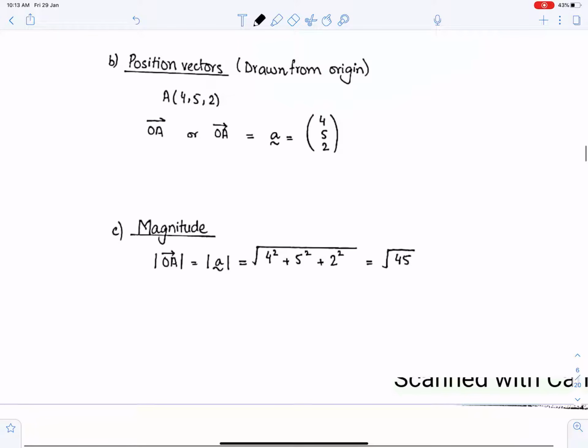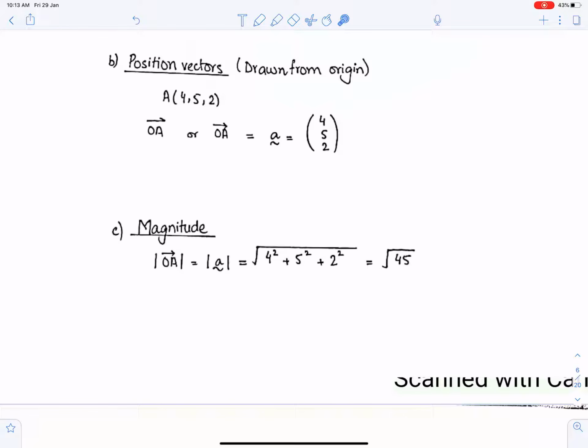Position vectors. I have already told you that these are vectors drawn from the origin. If vectors are drawn from the origin, then those vectors are known as position vectors. So if this is A, then the position vector of A will be OA. You can write this arrow or this arrow, it's your choice.